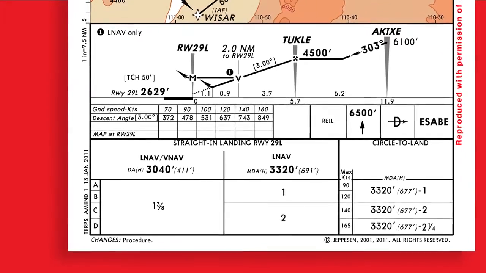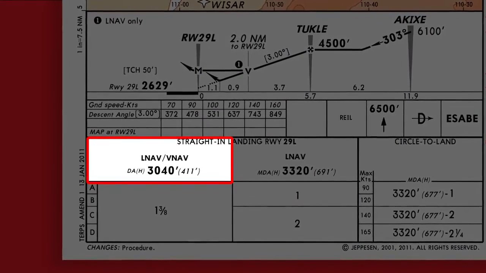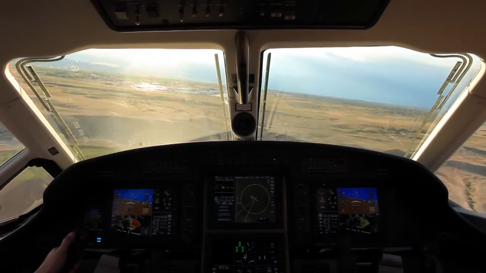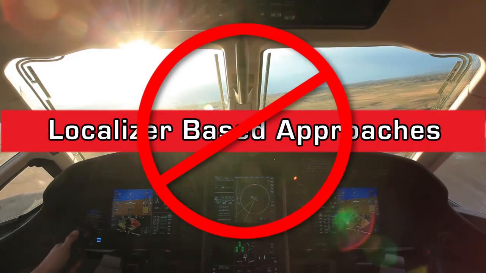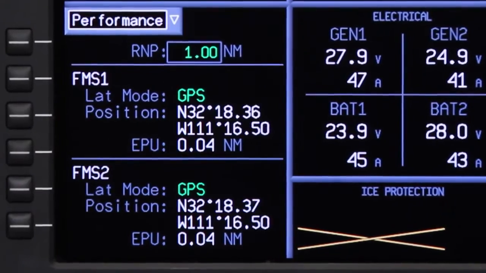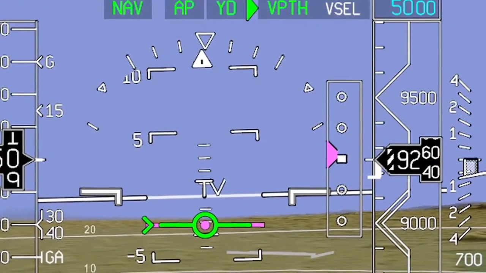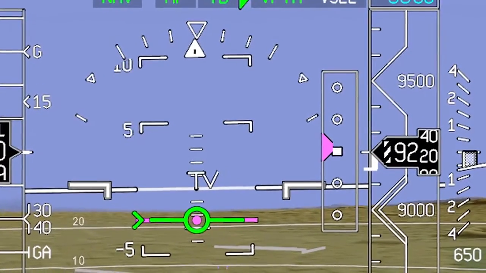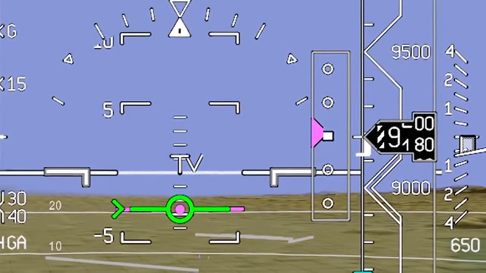VGP mode is used to fly RNAV approaches to LNAV-VNAV approach minimums. VGP mode cannot be used to fly localizer-based approaches such as ILS and LDA. VGP uses an FMS calculated position and barometric altitude to construct a glide path for the final approach segment of a non-precision approach.